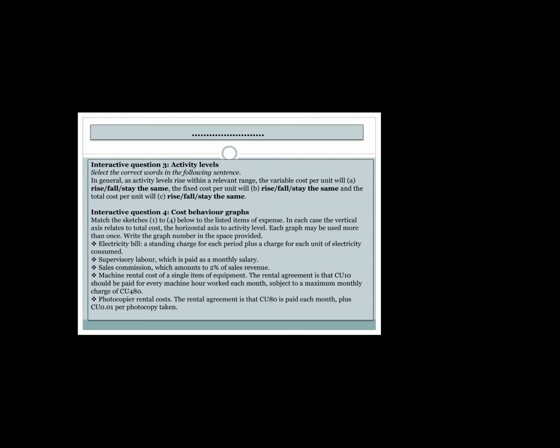If activity level rises, fixed cost per unit will fall. As variable cost remains the same and fixed cost per unit falls, total cost per unit will definitely fall.